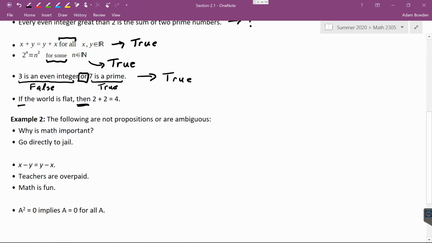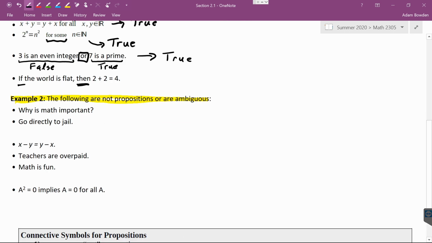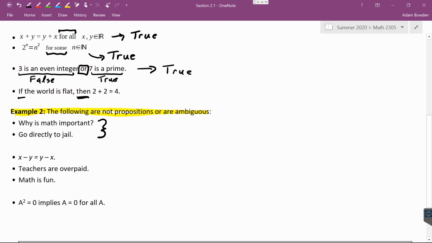Now, to highlight situations where we do not have propositions, here's example 2. We want to see why some of these would not be considered propositions or would be considered ambiguous. The first two, why is math important and go directly to jail, are not propositions because we cannot assign a true-false value to them.